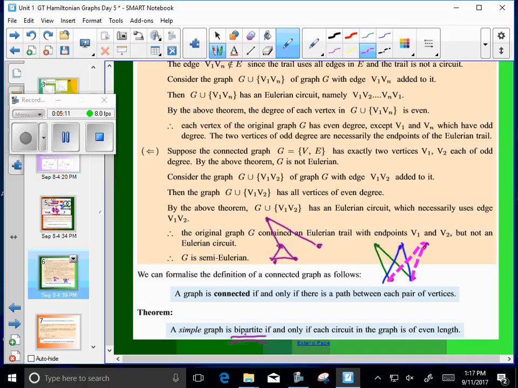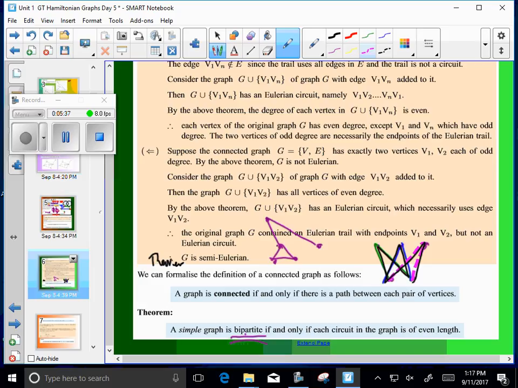That. Is that complete bipartite? So let's look at the circuit. Is the circuit even? 1, 2, 3, 4, 5, 6. Is that even? Yep, so there you go. So that's kind of an interesting theorem. This is your theorem 2.